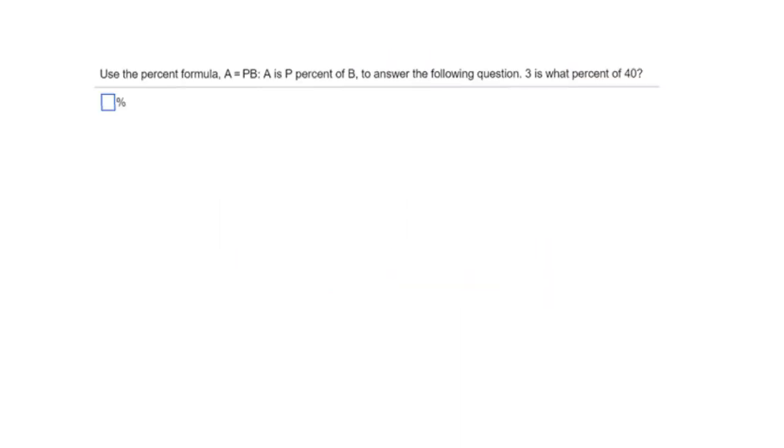Use the percent formula. A is equal to PB, where it says A is P percent of B. This is called your percent equation.